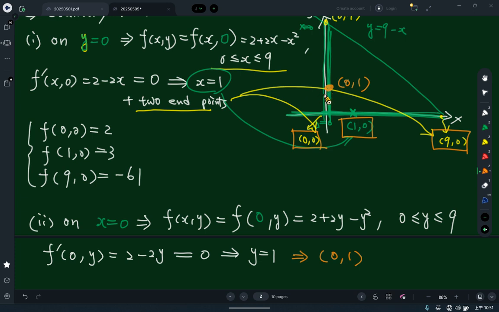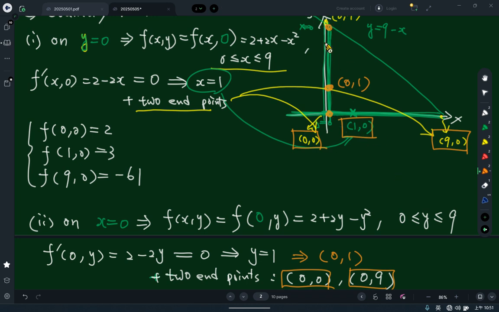Then also plus 2 endpoints. The 2 endpoints will be (0, 0) and also (0, 9). So that will be here: one is (0, 0), one is (0, 9), right?